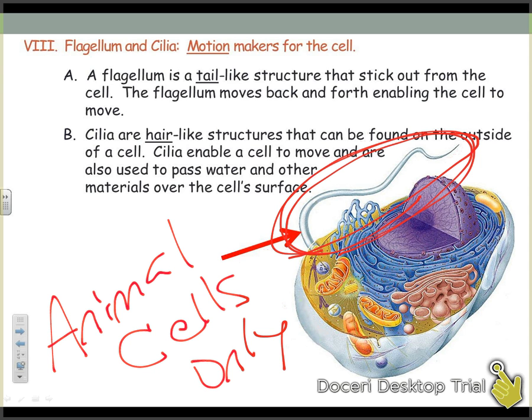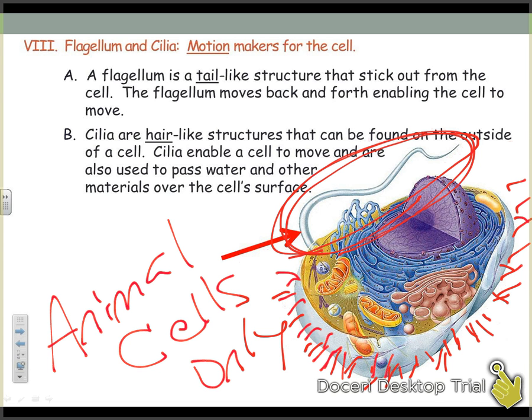Very similar to like the cells we've already observed on the microscope, those unicellular organisms that have the ability to move. A flagellum helps them to move. Animal cell could also have these little hair-like fibers all over the outside of the cell. Those little hair-like fibers are called cilia, and they do the same process, and they wiggle back and forth and help the animal cell to move.